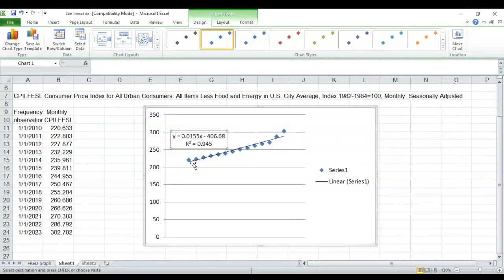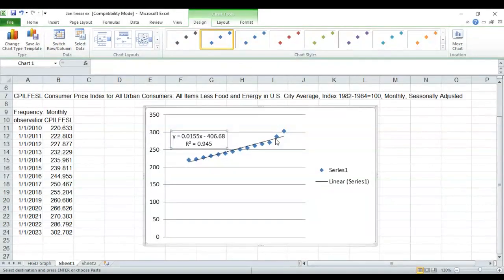If you see the line, it looks like it goes through some of the points, and some of the points it doesn't. But that line gives us the minimum error of the distance between the point and the line. So I'm going to write down this equation, and then we're going to go talk about it. So line of best fit and regression line are the same thing.